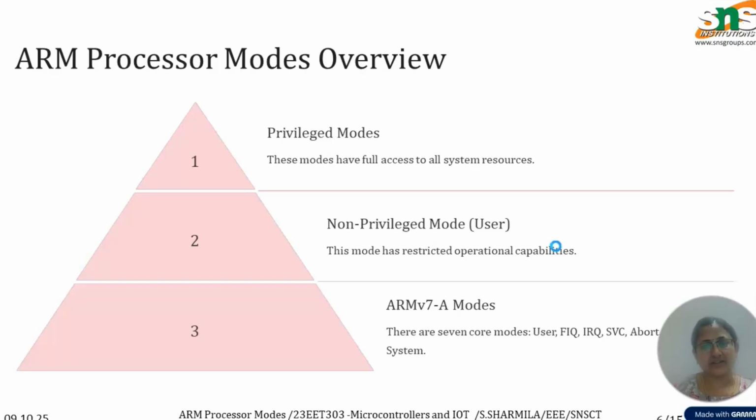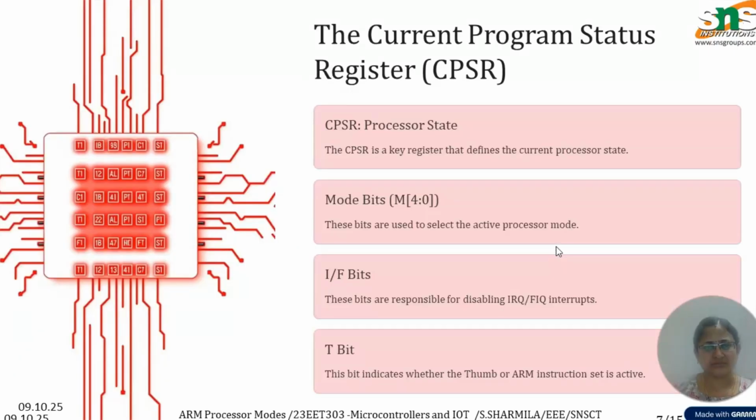Now let us see the define stage of DT, the current program status register. It is nothing but the CPSR. The CPSR holds the processor state, and it is the key for controlling and identifying the current mode.